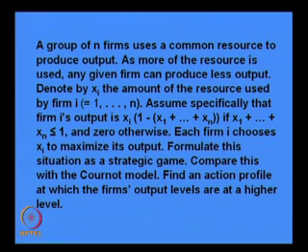Assume specifically that firm i's output is xi multiplied by (1 minus (x1 plus x2 plus ... plus xn)) if x1 plus x2 plus ... plus xn is less than or equal to 1, and 0 otherwise. Each firm i chooses xi to maximize its output. Formulate this situation as a strategic game, compare this with the Cournot model, and find an action profile at which firms' output levels are at a higher level.